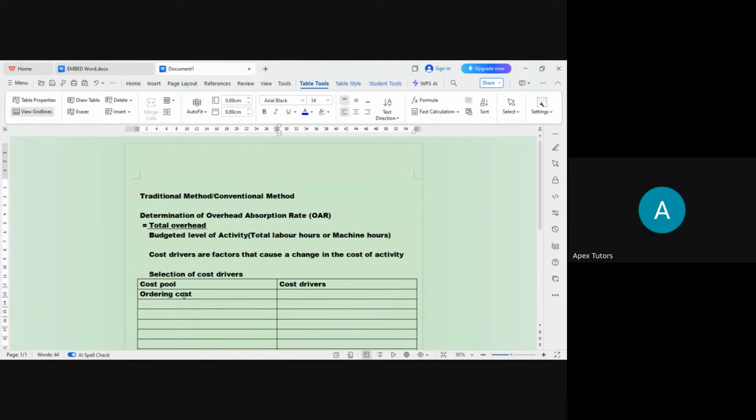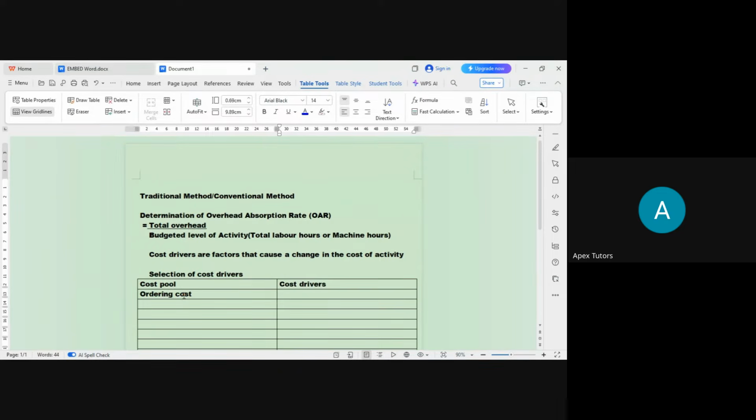So you must know the total number of orders, then you divide the ordering cost by it. The cost driver rate is per order. Take note, cost driver rate is different from overhead rate.